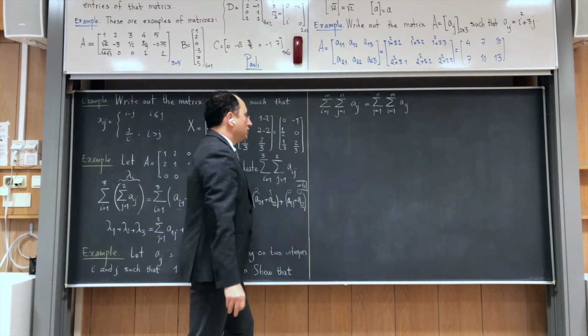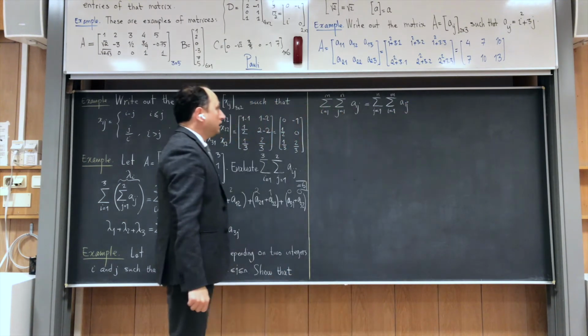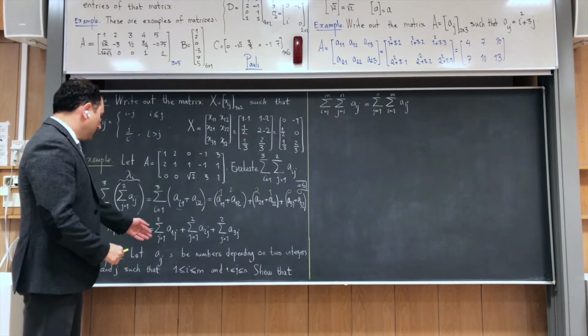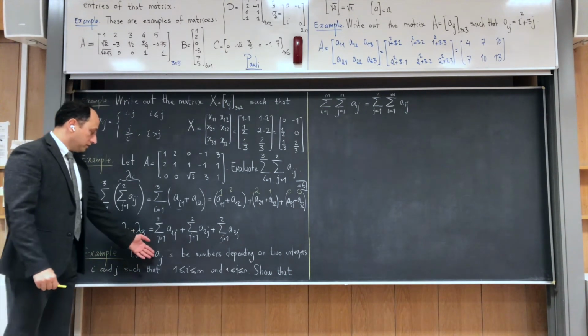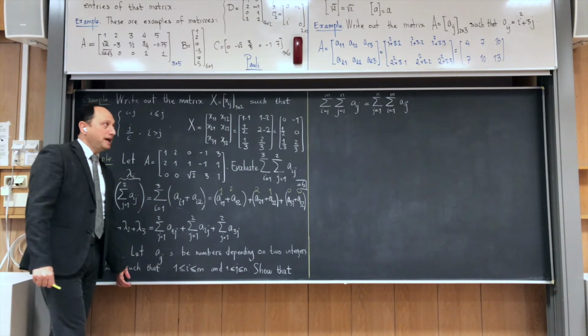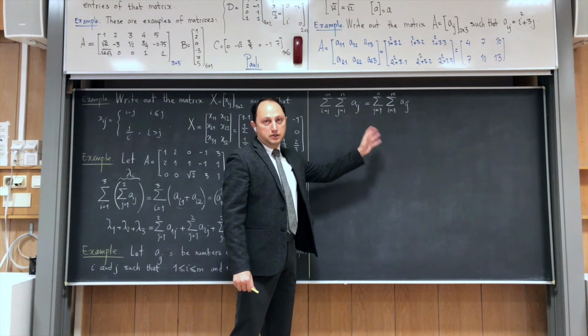Yes? So here I want to show that this is the case. I don't know anything about aij, except that these are some quantities which depend on two integers, say i and j. Yes?